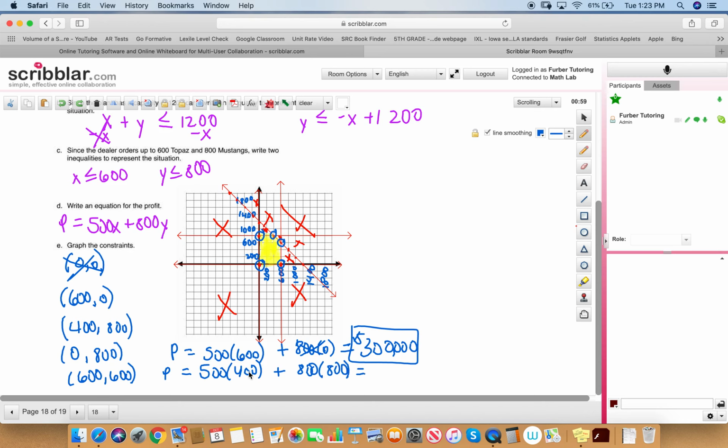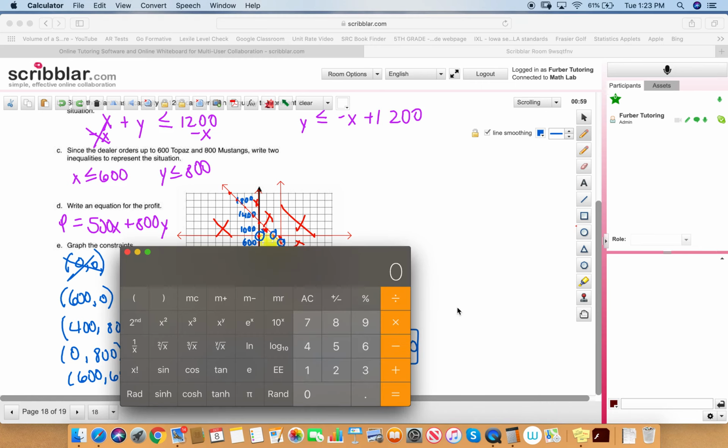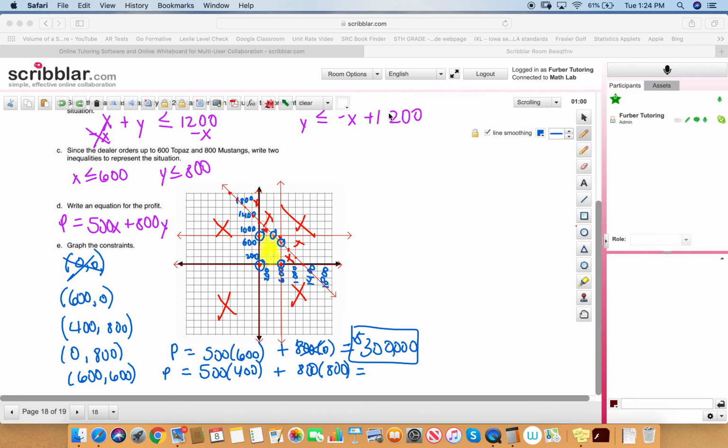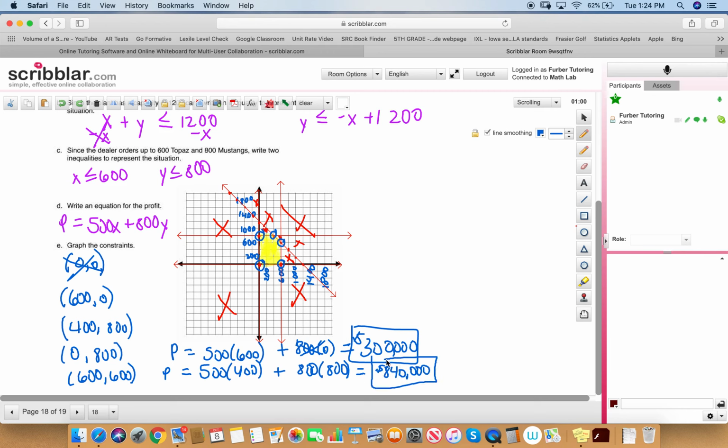Let's see, I have 500 times 400. That's 200,000 plus 800 times 800, that's going to be 640,000. 8 times 8, 64. Whew, that's $840,000 for that one. That looks to be the one we want.